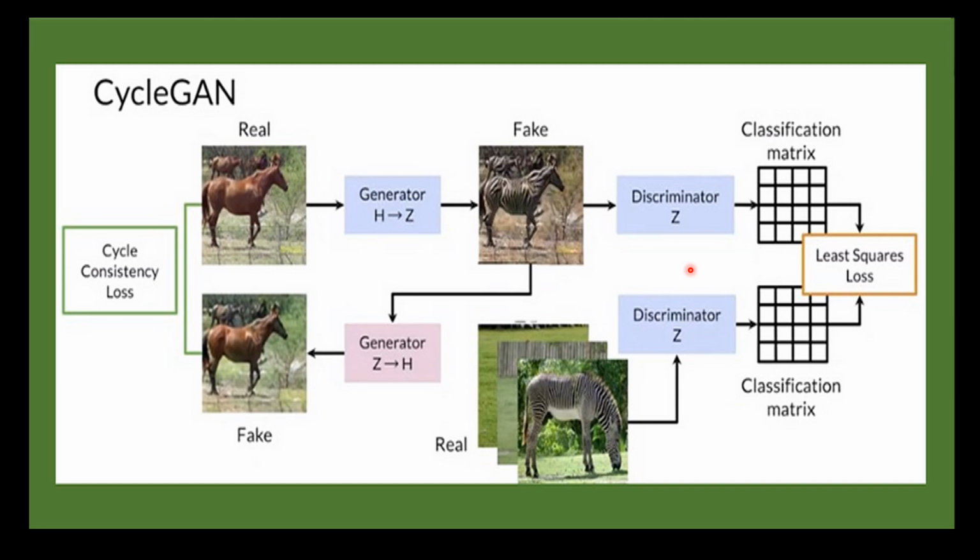And to ensure that the generators can faithfully map images between the two domains, cycleGAN introduces a cycle consistency constraint. Now this constraint ensures that an image generated in one domain by the first generator, then transferred back to its original domain by the second generator, should closely resemble the original image. So a simple real life example of cycleGAN in action is transforming images between different styles or domains.